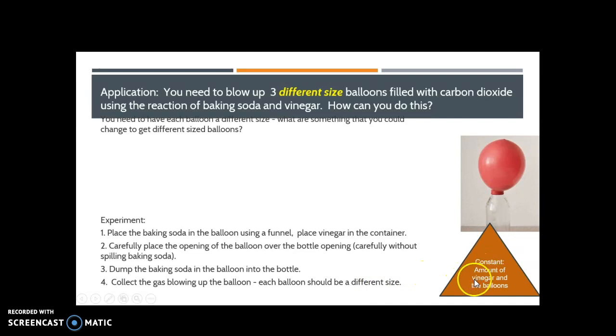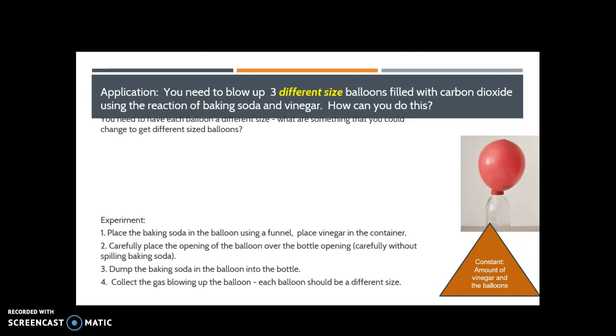So what we have constant is the amount of vinegar. If you read the question, it says, propose your method for creating and trapping 3 different size carbon dioxide balloons if you're given the following supplies: 3 flasks each with 100 milliliters of vinegar. So 3 flasks, 3 containers, all of them have the pre-measured amount of 100 milliliters of vinegar. 3 balloons, that's another constant, they're the same type of balloon, and 30 grams of baking soda.